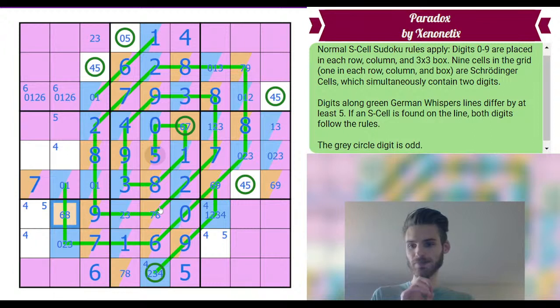Imagine a Sudoku grid where digits could only see one direction. It would be called one direction. And it would not be a good puzzle, probably.